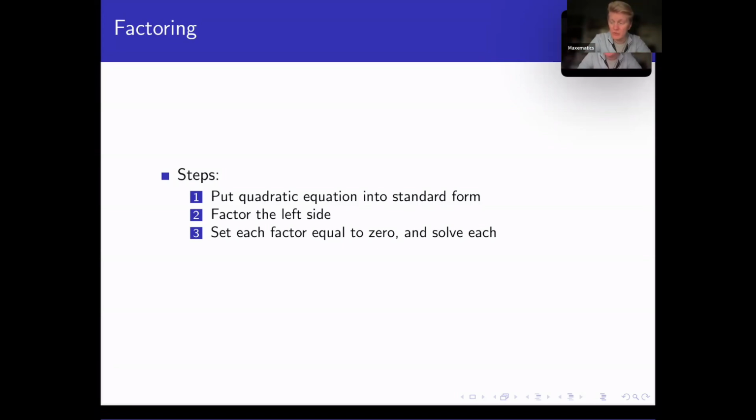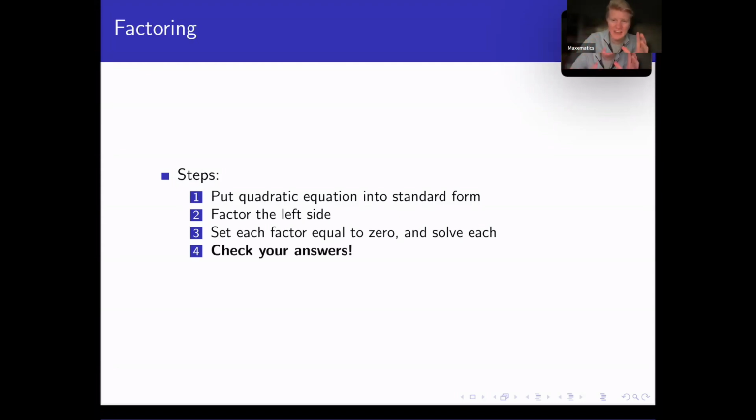The only way is if at least one of those things is equal to 0, right? 2 times 4 is never going to equal 0. However, 2 times 0 will equal 0, or 4 times 0 will equal 0. So when you factor, you set each factor equal to 0 and solve each of those factors. And then, like I said in 1.1, check your answers.